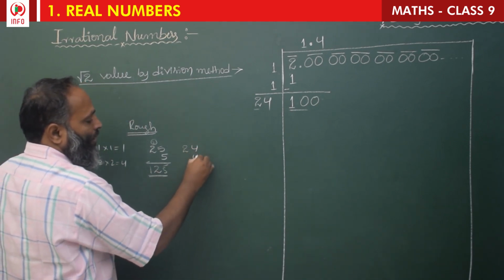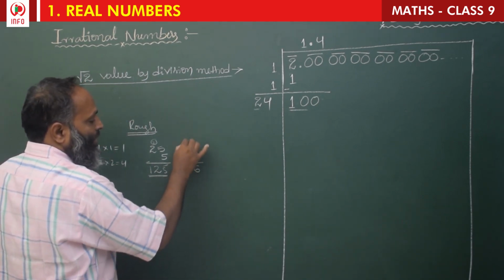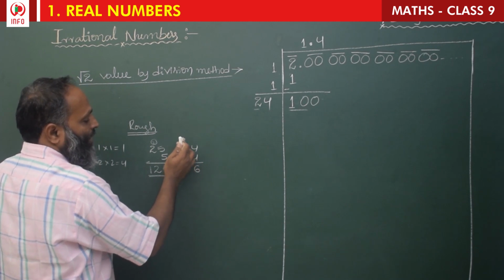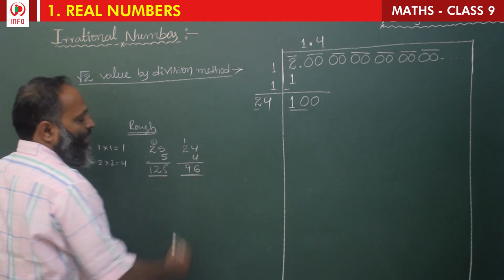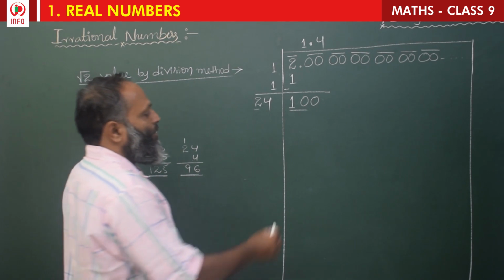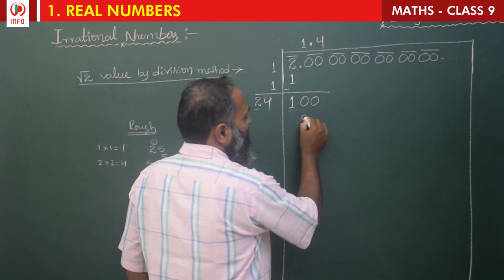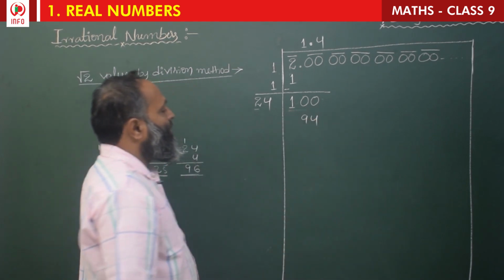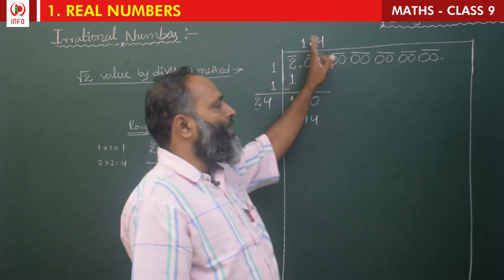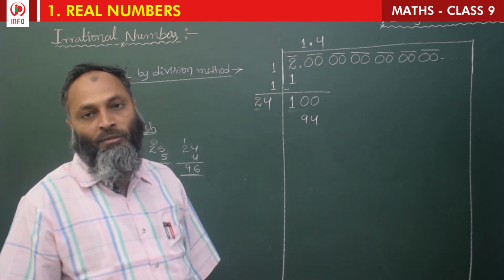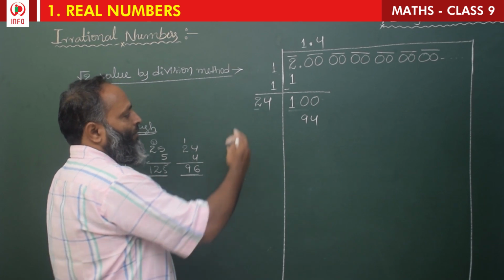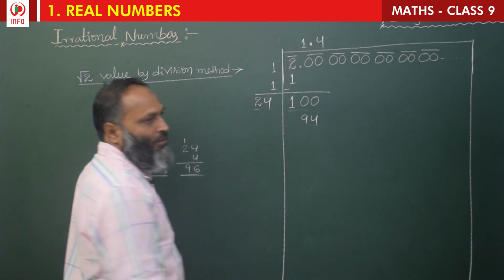24 4s are: 4 4s are 16 and 1, 4 2s are 8, 8 plus 1 is 9, so 96. It means here we should take 96. That 4 we should take here as well as here, on both sides. If you want to take 5, then here also 5 and here also 5.